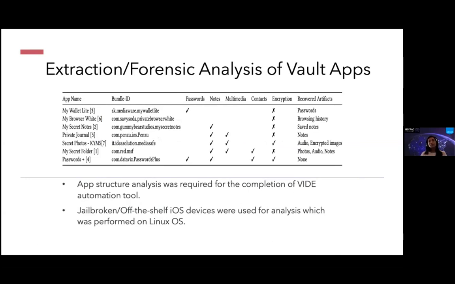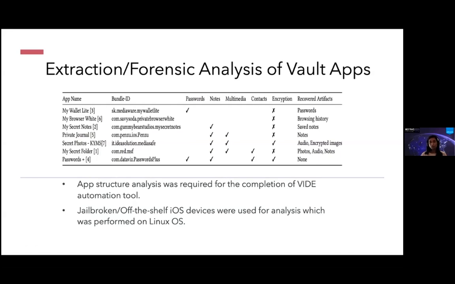And to complete the analysis, we tried to deploy about 8 different vault applications, which had various functionalities, such as storing passwords, notes, multimedia content such as audio and video, contacts, and encryption, and we were able to recover several artifacts.